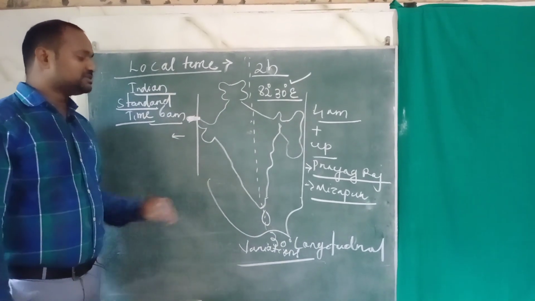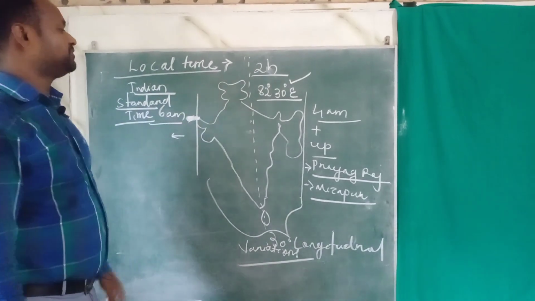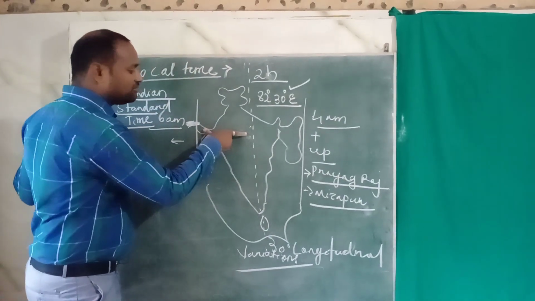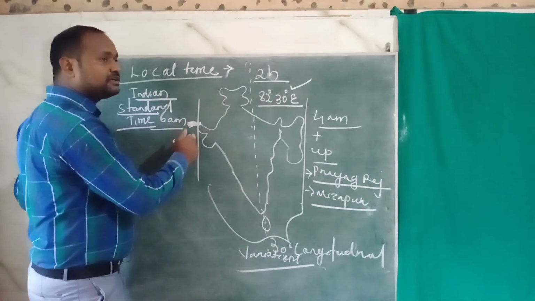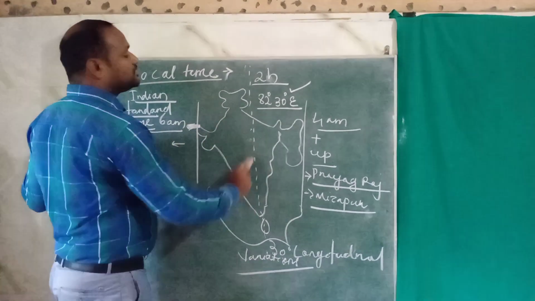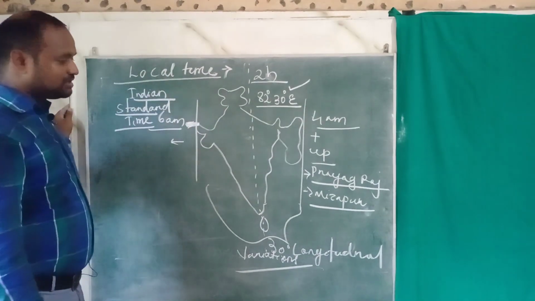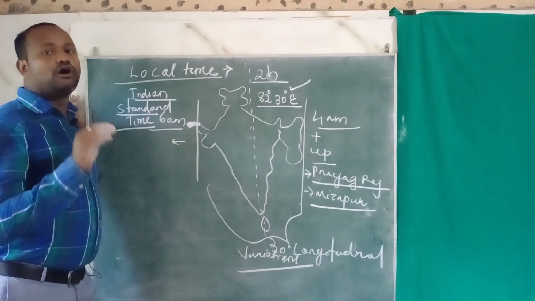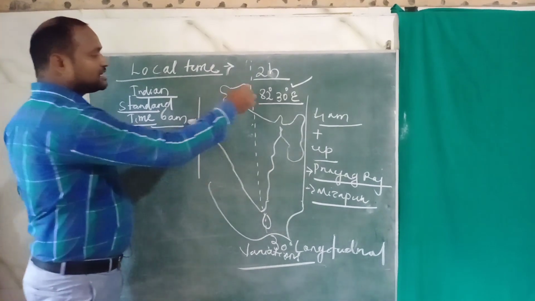Now the question is, sir, why is this longitude only taken as the standard time of India? Because it is almost at the middle of India. So the people who are living in the west will not get confused regarding the time, and the people who are living in the east also will not get confused. There will be minimal differentiation of time between different places. That's why we are taking it.